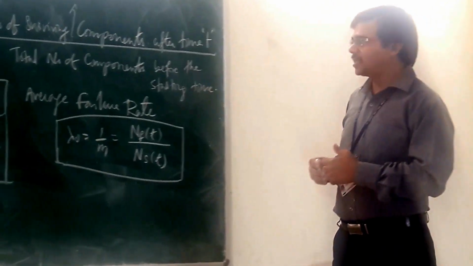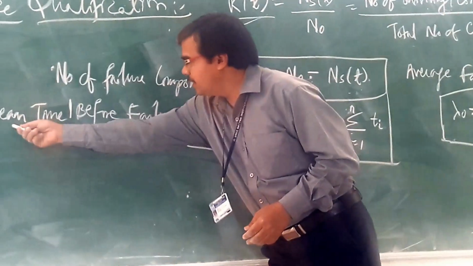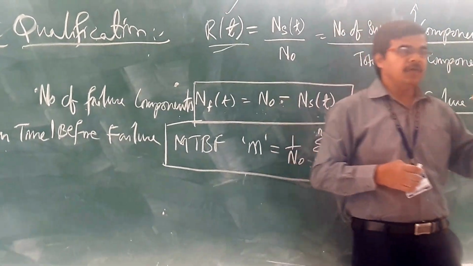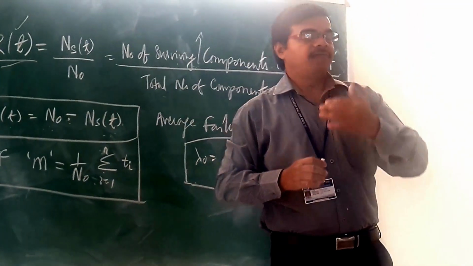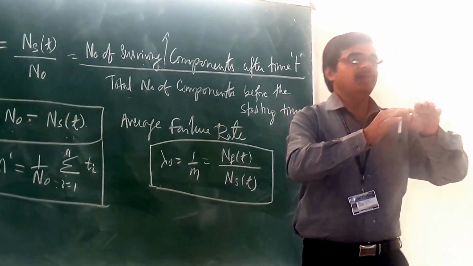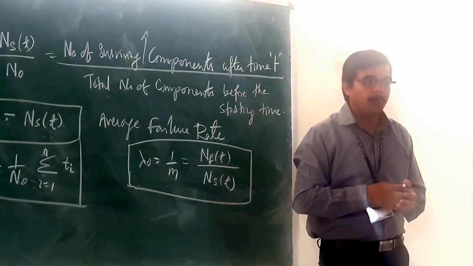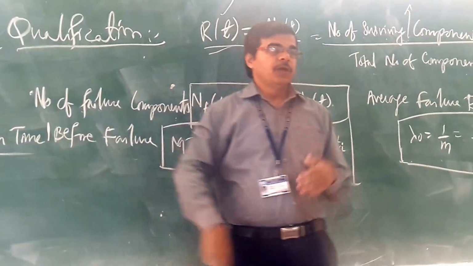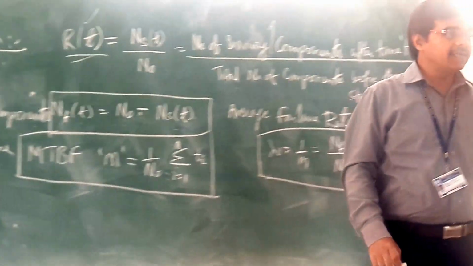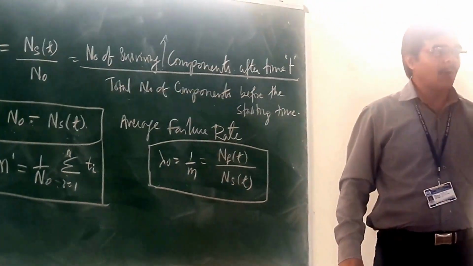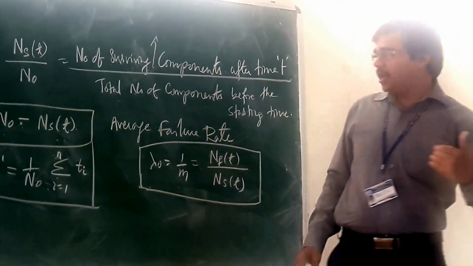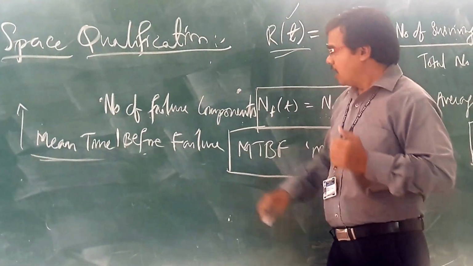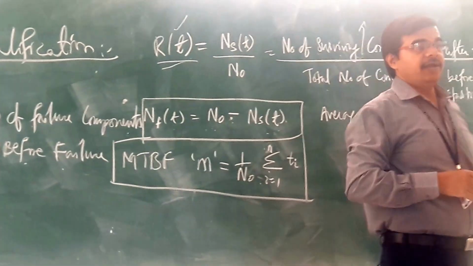One more parameter is the mean time before failure. Whenever we are going for some sub-block, we should know the mean time, which you can consider as the average time. You should try to make this mean time greater than the life of the satellite.